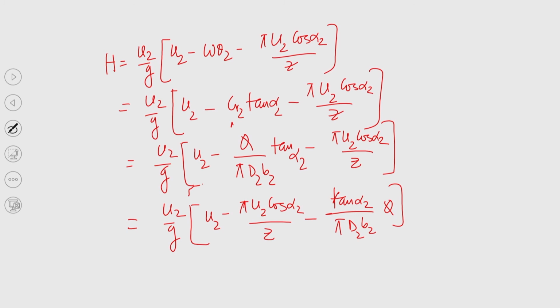So, if we try to plug in the value of u2, that is equal to 30.144 meter per second, right. What else? Z equal to 8, d2 equal to 0.2, b2 equal to 1.5 centimeter, 0.015, right, and alpha 2 equal to 60 degree.